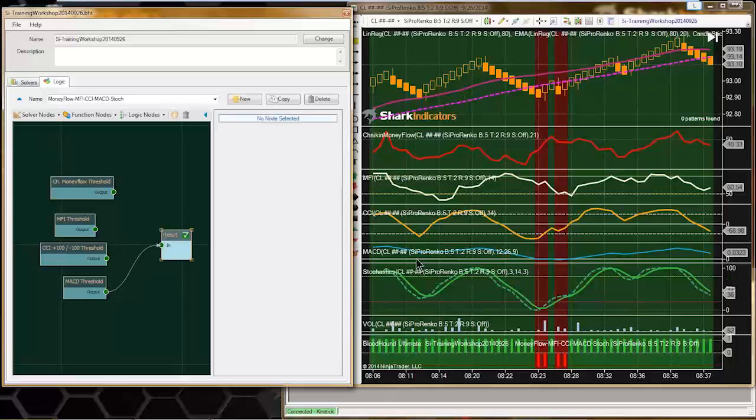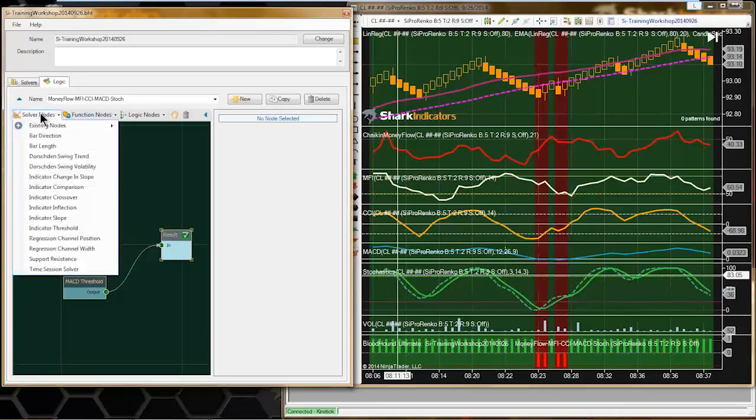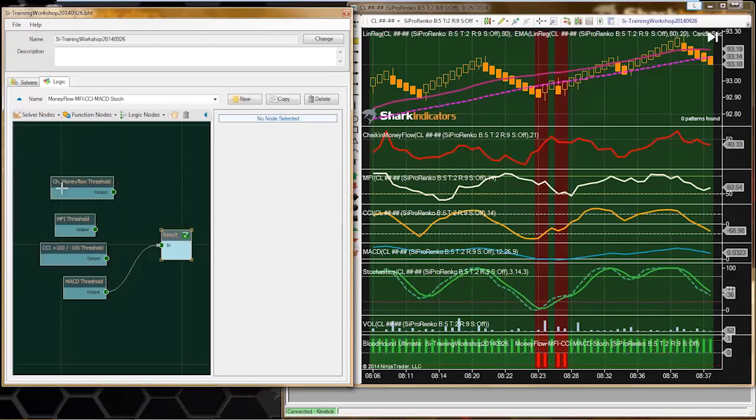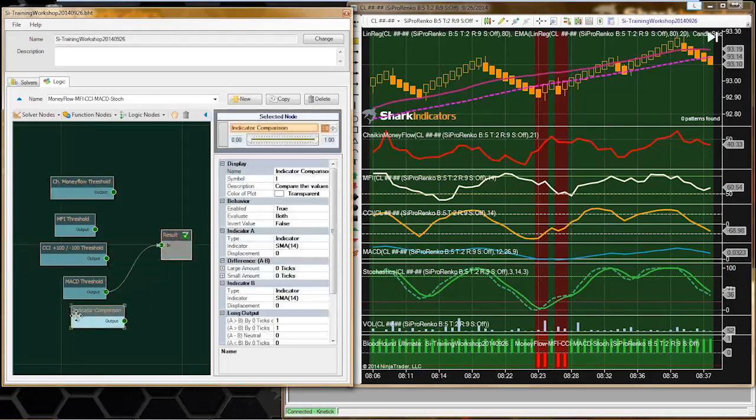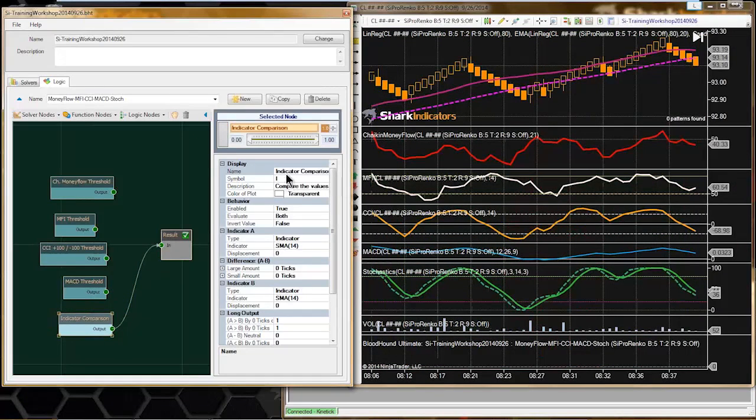So we're comparing one stochastic plot line, the fast line, to the stochastic slow line. So we're going to use a comparison solver in this situation, comparing the stochastics fast to the slow.